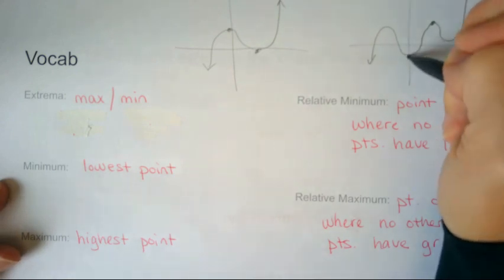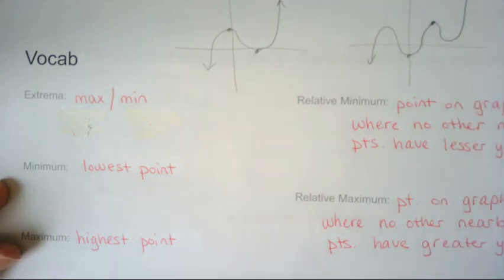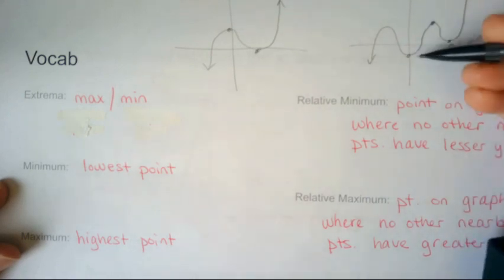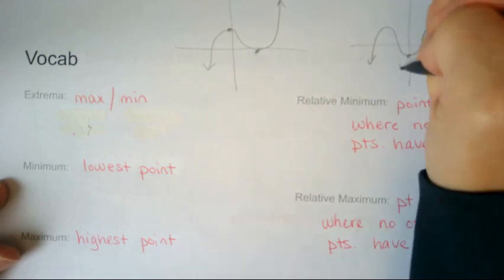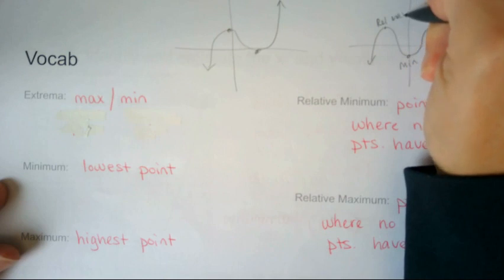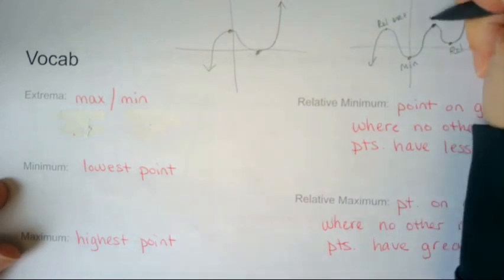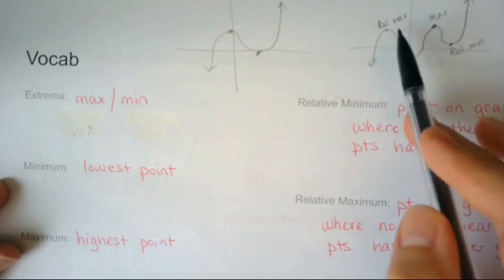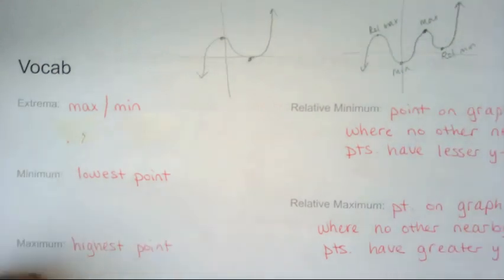This would be considered my minimum. Then this would be considered a relative minimum because it was still a minimum, but it's not the lowest one. And then this one would be considered a relative maximum because it was lower than the maximum. Okay, so kind of second in charge, if you will.